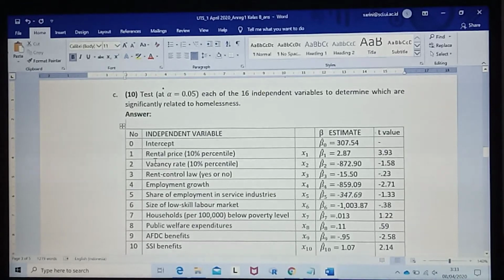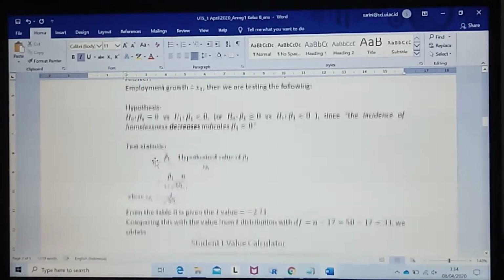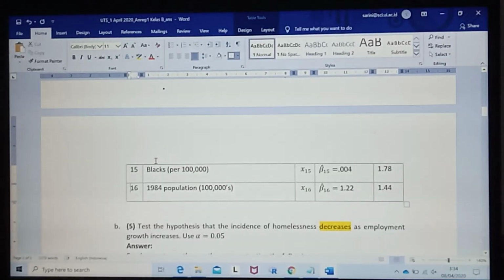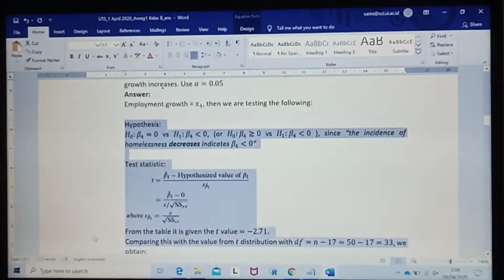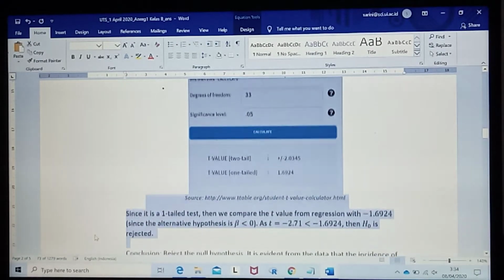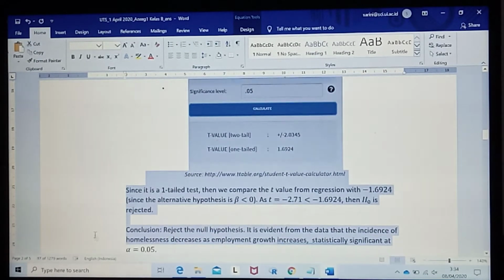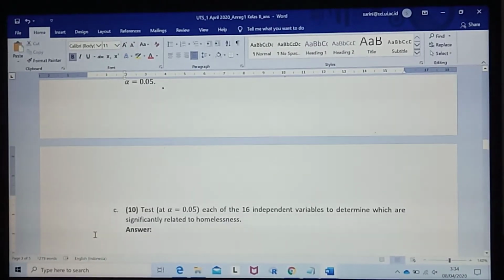So what hypothesis are we testing in here? Actually, it's just exactly like the one that we did in part B. So then I just copy the procedure in part B. Okay, and then just copy them all, and then we'll make some adjustment later.